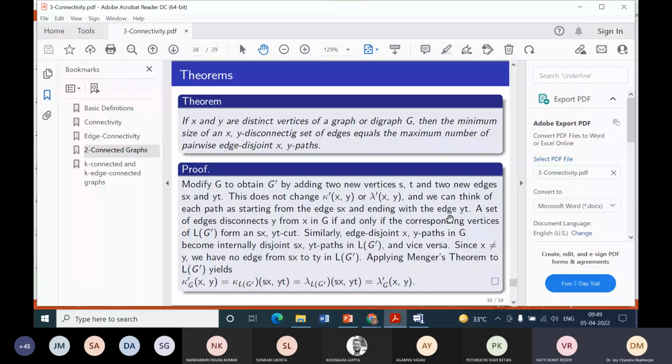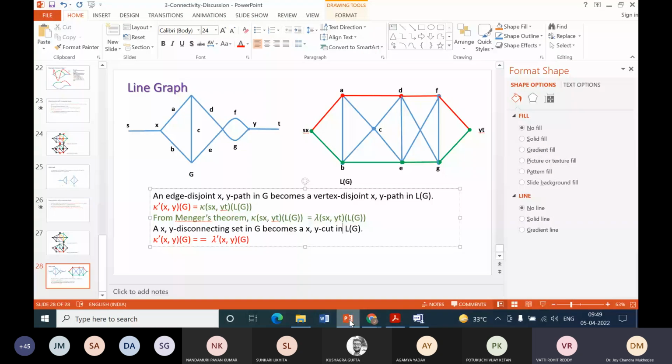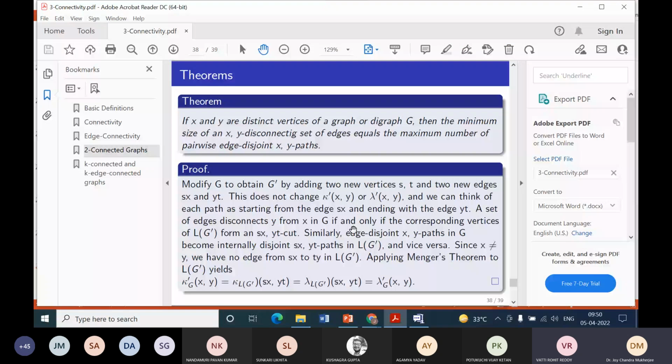So a set of edges that disconnect y from x in G if and only if the corresponding vertices in LG prime form an SXYT cut. So basically what I am saying is that an edge disjoint XY path in G becomes a vertex disjoint XY path in LG. That is something that is written here.